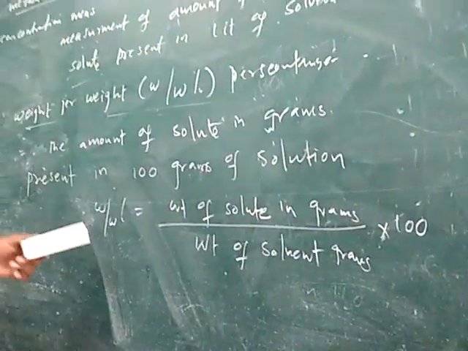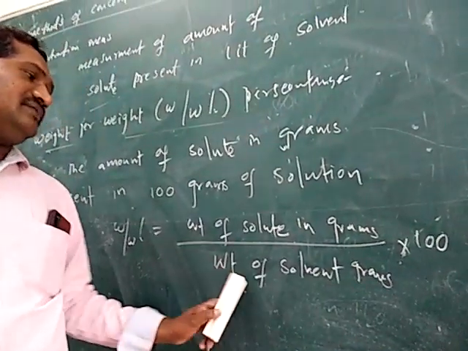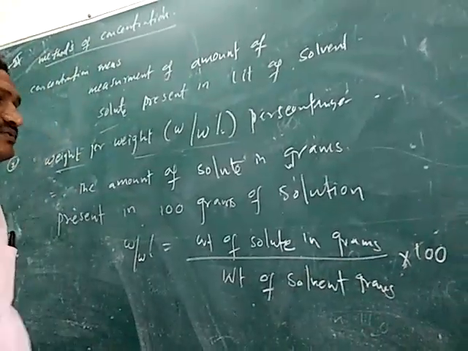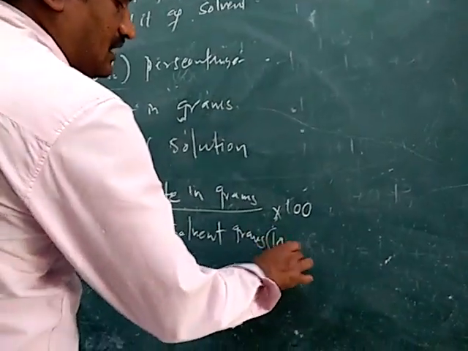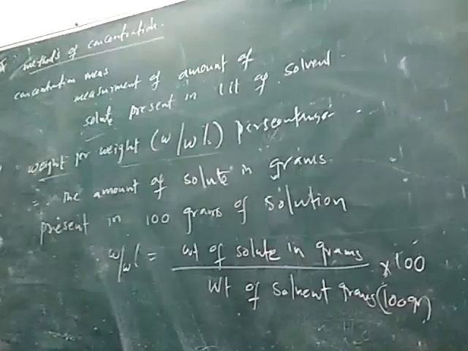So the weight per weight percentage is weight of solute in grams and weight of solvent in grams, by 100. Generally we can take per 100 grams.